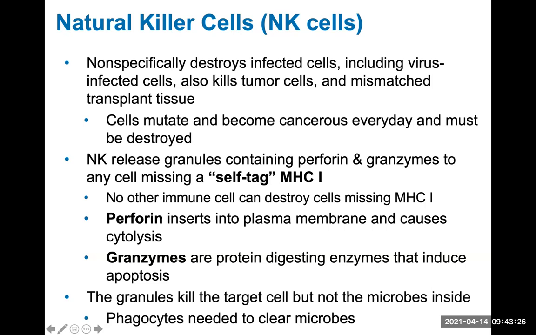So a very potent way, natural killer cells are very good at killing these infected and tumor and mismatched cells. We don't consider this specific. It's any cell that doesn't have the MHC1, right?